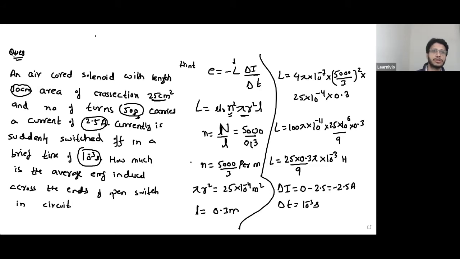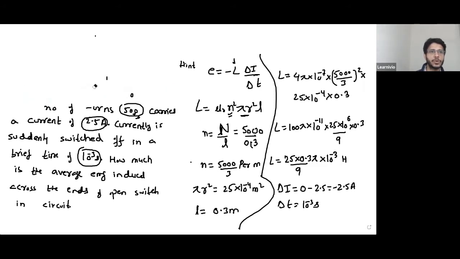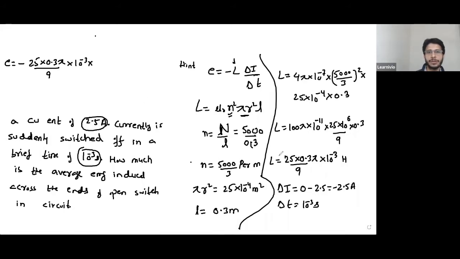So if I substitute all these values here, your EMF comes out to be minus of L, which is 25 into 0.3 pi by 9 into 10 raised to the power minus 3, multiplied by minus of 2.5 by 10 raised to the power minus 3.